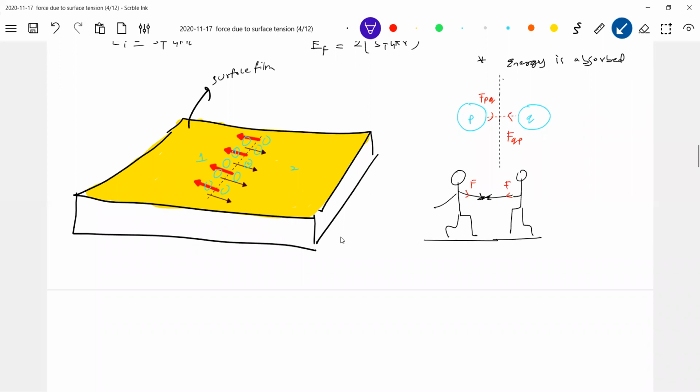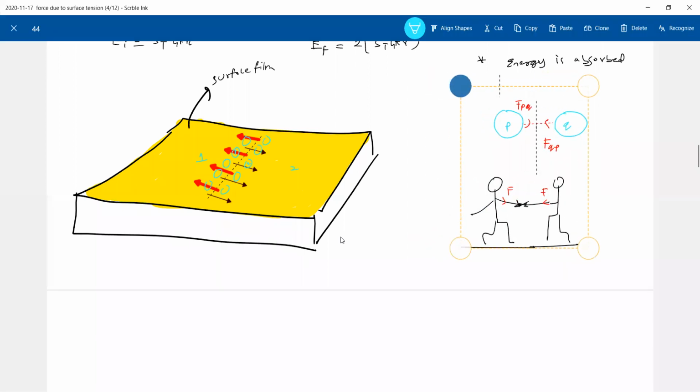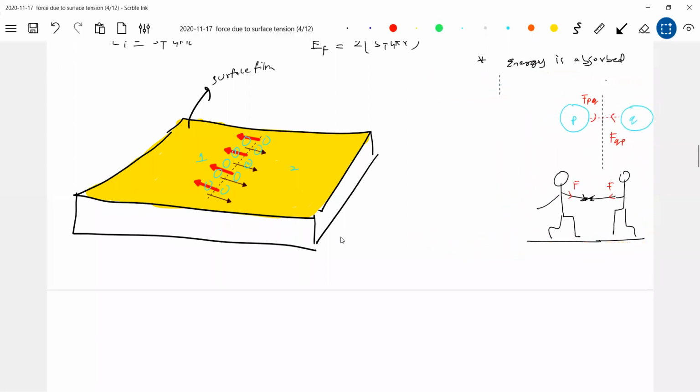What should I call this arrow? Any name for this arrow? It's the pull force, the force exerted by layer 2 on layer 1.